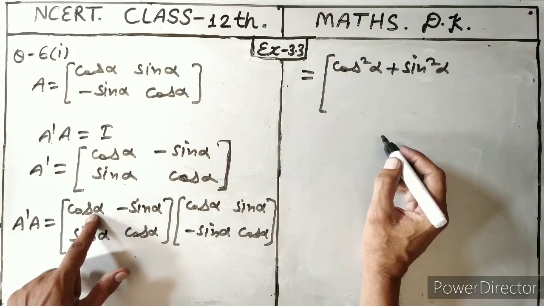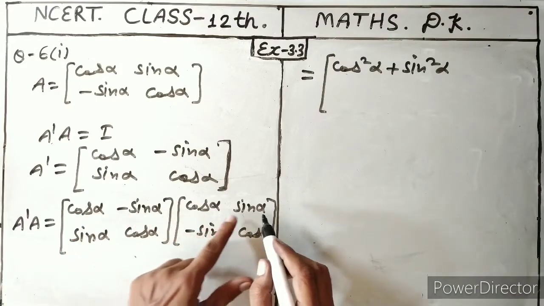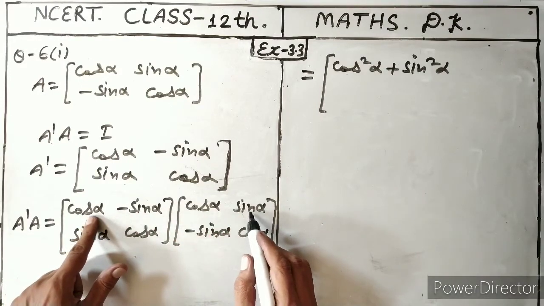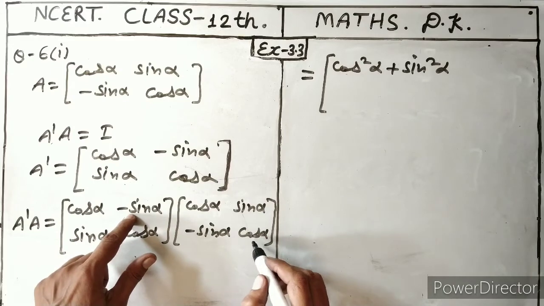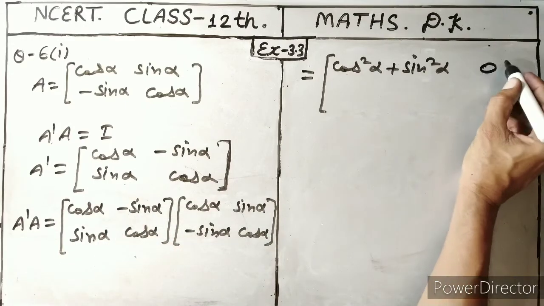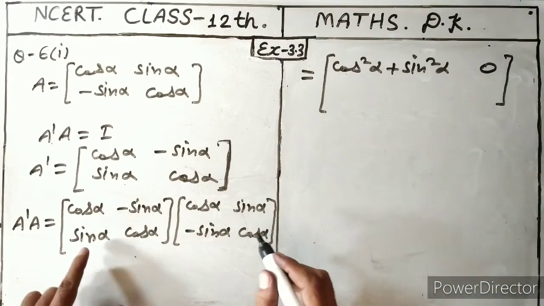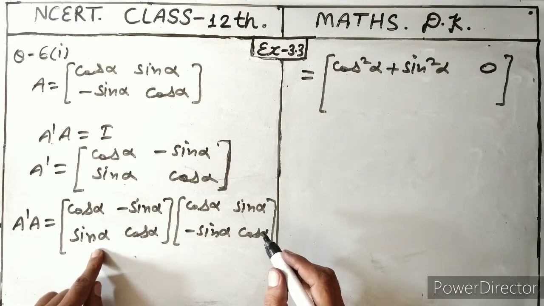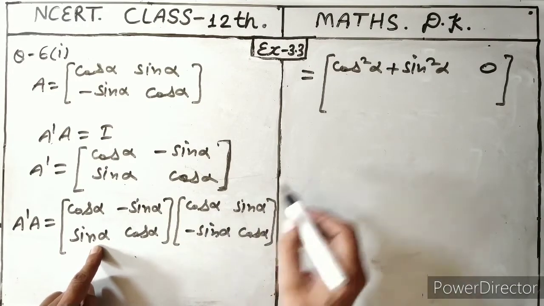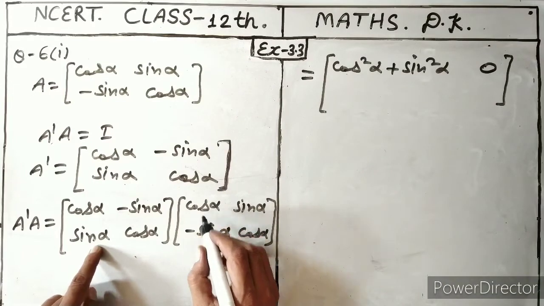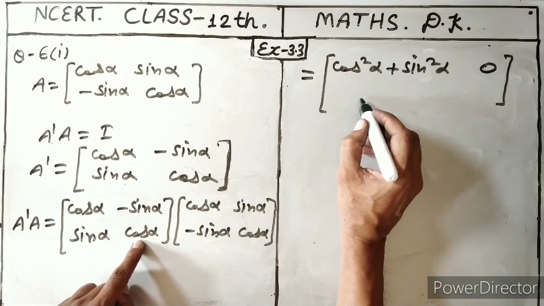And now cos alpha sin alpha minus sin alpha cos alpha 0. Now in second row sin alpha cos alpha and minus sin alpha cos alpha 0.